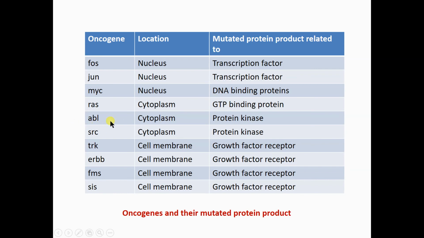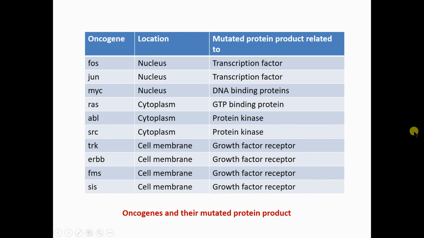Then the ABL type gene also acts as a protein kinase. When this protein kinase becomes mutated, it leads to increased activity of the intracellular receptors, which may lead to a continuous signal to transcribe or express that particular gene.